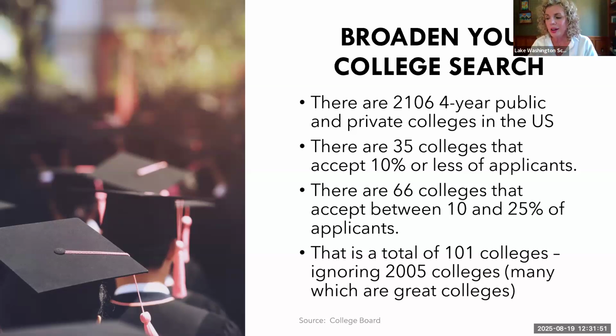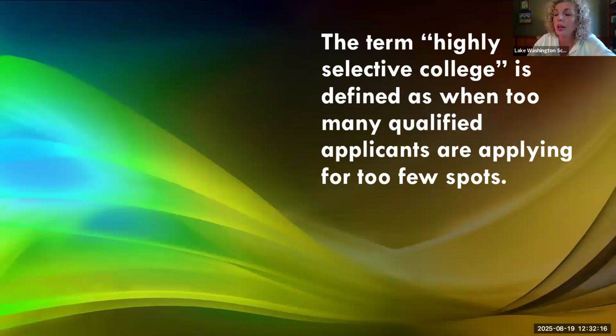And it's ignoring more than 2,000 of them. Now, I'm not saying that all 2,000 of them are schools that I would put on students' lists. Like I said, what do I determine? I've already told you, and I'll look at it again. But there's a lot of gems out there that I would encourage students to consider in the event that you are not accepted at the highly selective, rejective university.